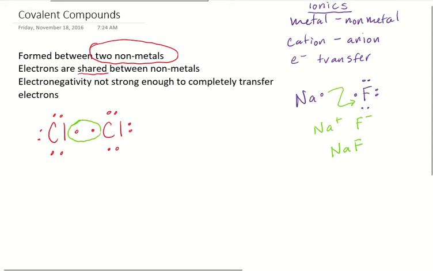So if those two electrons are being shared, how many electrons does each chlorine think it has? 8. Yeah, it thinks it has 8 valence electrons. Both chlorines are now happy. Those shared electrons are describing a covalent bond.